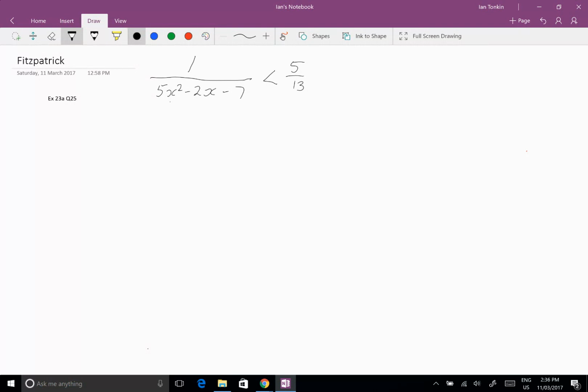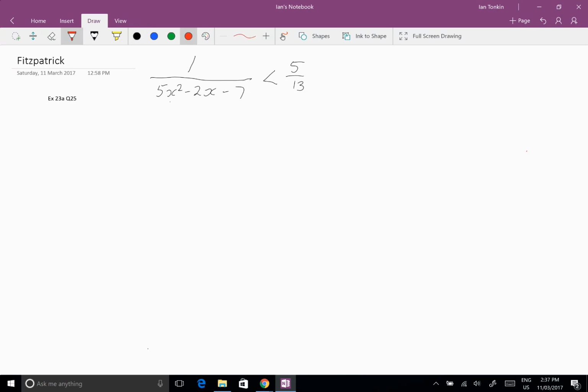But that doesn't show a deep understanding of what we're trying to do here. The best way, or the way that shows the deepest understanding, is to multiply by the square of the denominator. However, this is going to present us with some problems because it's going to have some pretty difficult algebra to do throughout. But let's have a look at what would happen.